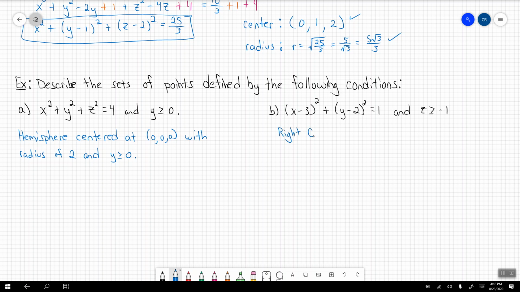It's a right circular cylinder centered at 3, 2, 0, has a radius of 1, and z is greater than or equal to -1.